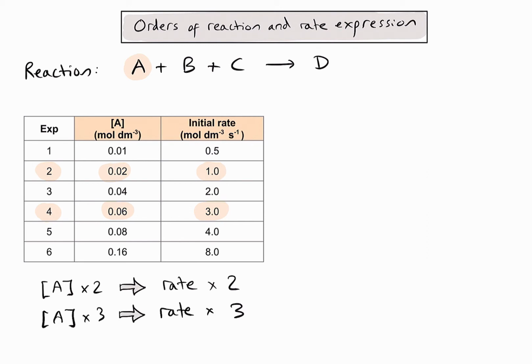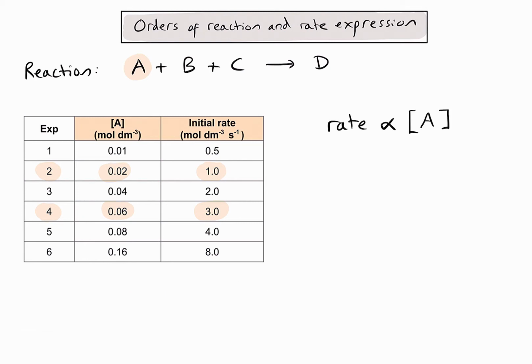For reasons that we'll see shortly, I can also express this change in rate as the factor by which A has changed to the power of 1. And you'll see why we did this in a moment. To summarise for reactant A, we can say that the rate of reaction is proportional to the concentration of A. And mathematically speaking, if I see a proportional sign, I can replace it by equals and a constant, something like this.